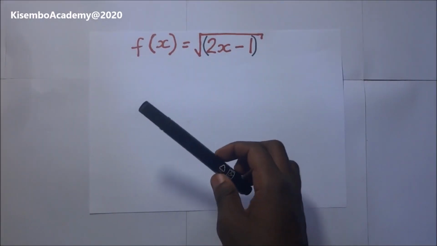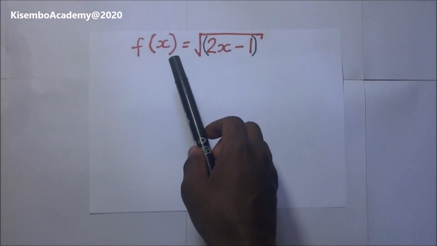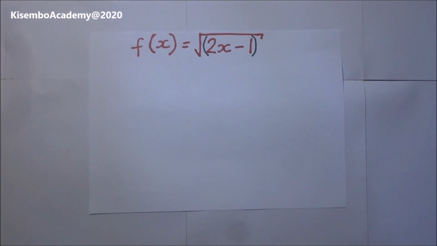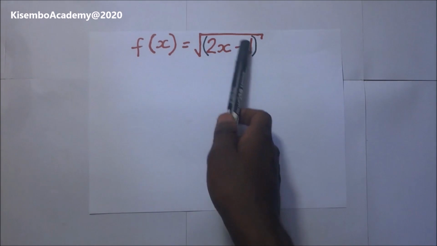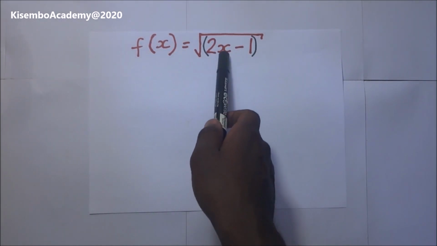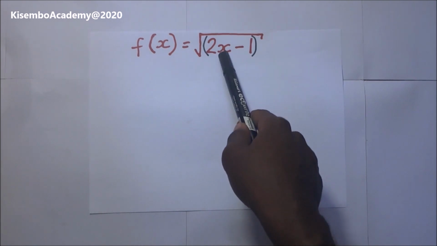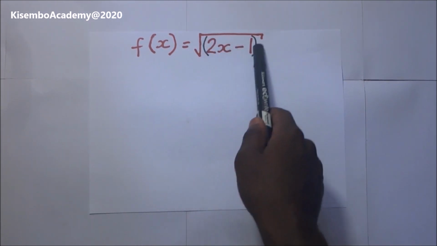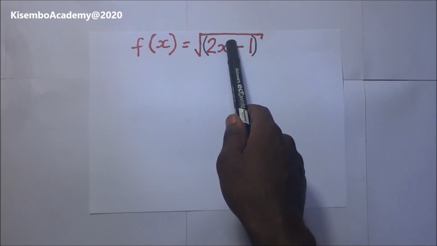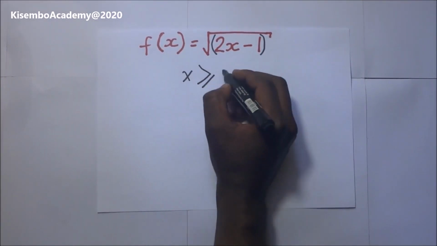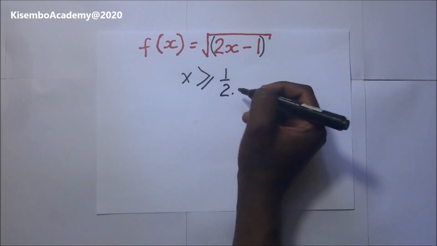The rule is that the domain of a function is all real numbers for which the equation produces real number outputs. In this example, the domain is x greater than or equal to a half, since 2x minus 1 cannot be negative.